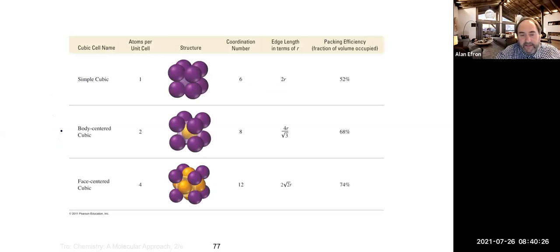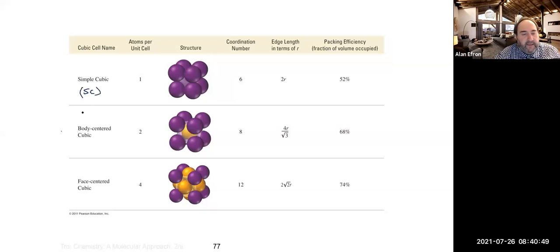So let's talk about these 3 different types of cubic cells. They have different names, different amounts of atoms present, and different ways we calculate the length of each of the edges on the cells. First off is simple cubic, which is sometimes abbreviated as SC.